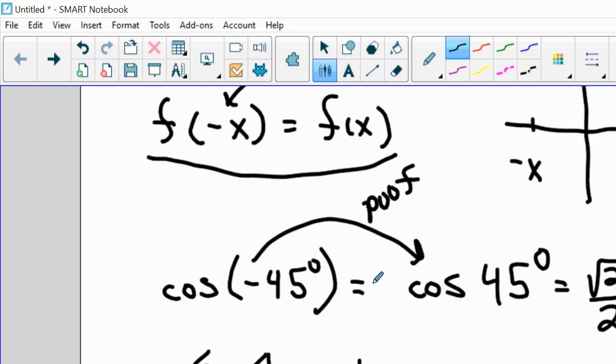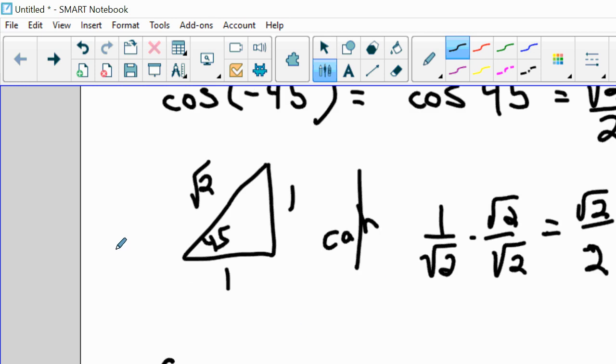But you see, if you put a negative on the angle of a cosine function, it just disappears. You know, basically pushing this problem into the first quadrant, which is really nice. It's a great option to have.